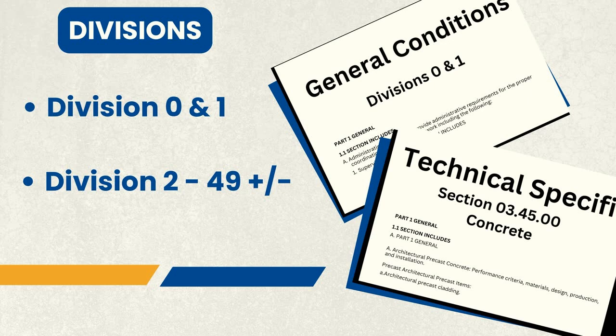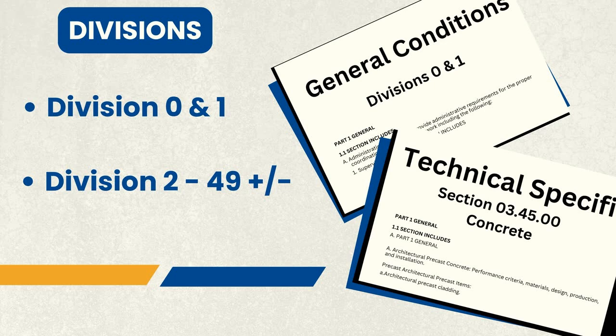We have talked about in the mini class about special and supplementary conditions, which are going to be specifications that are generated after the development of the project that provide specific instruction for this specific construction project.